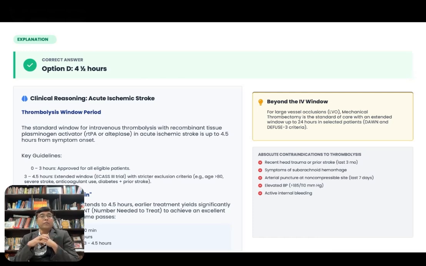Tenecteplase has a quick onset of action, and you can give it within a very short time. Patients undergoing endovascular treatment are the typical candidates for tenecteplase over alteplase.